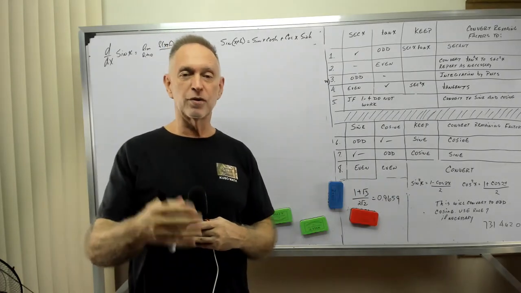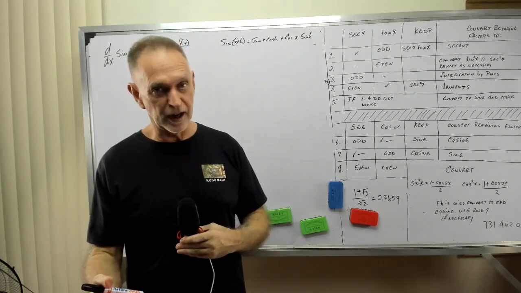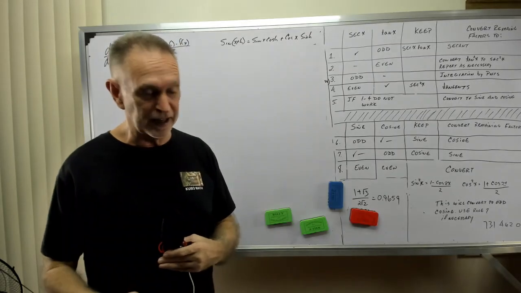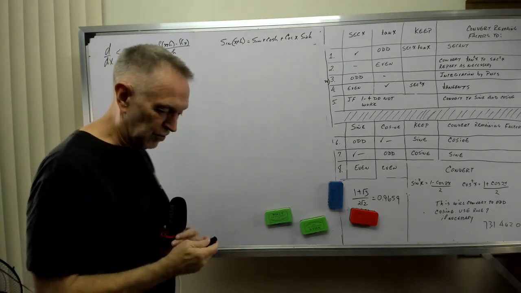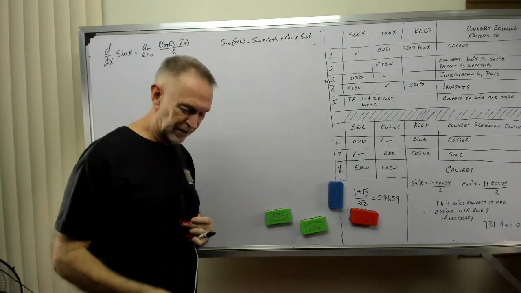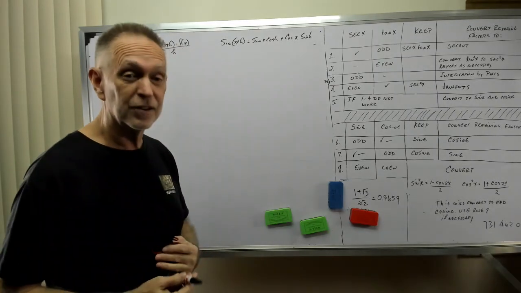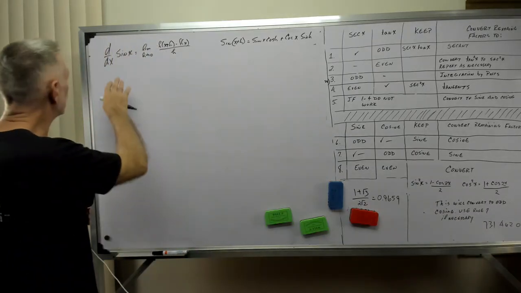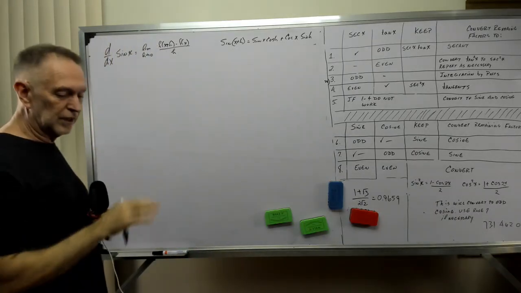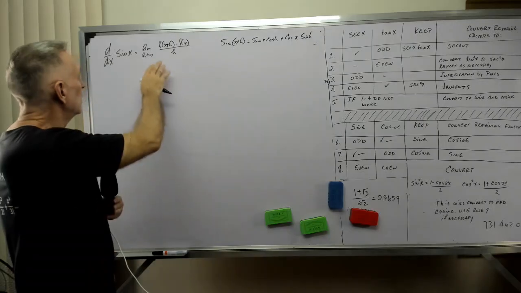Now we know the derivative of sine x is cosine x, so that should be our answer. If you didn't know already that the derivative of sine x is cosine x, you need to do some studying. Let's take the derivative using the limit formula.